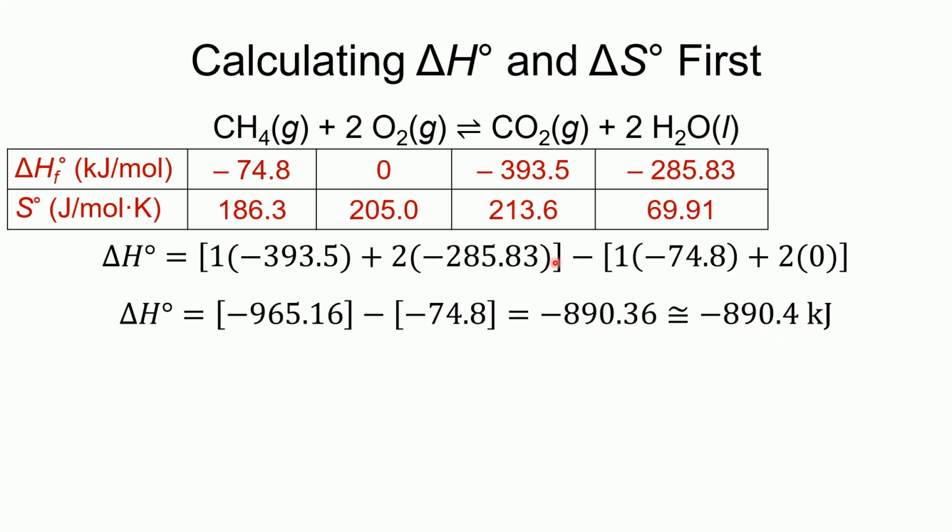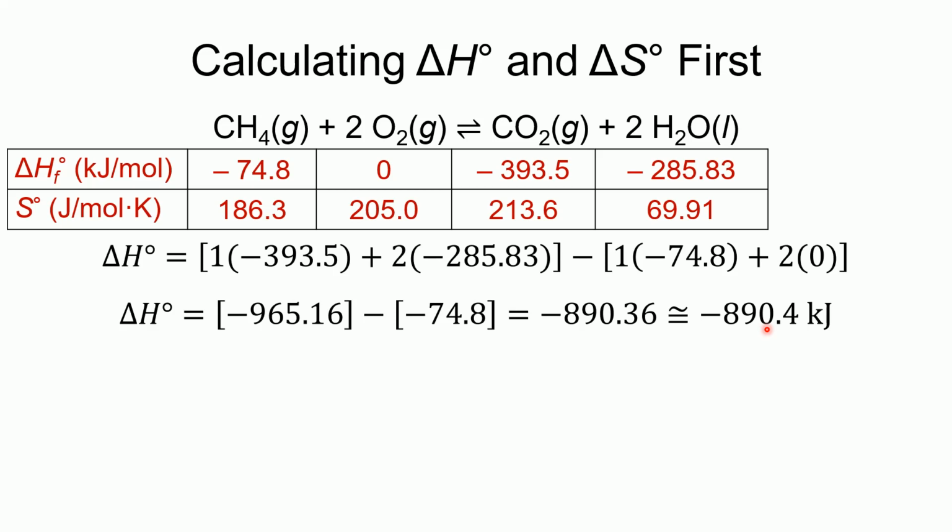Again, I rounded to the tenths place because of sig figs. So negative 890.4 kilojoules. That number, because it's negative, tells us that this is exothermic. It's also a very large negative exothermic quantity, which means it gives off a lot of heat. That's not surprising. When you burn methane, it will give off quite a bit of heat.